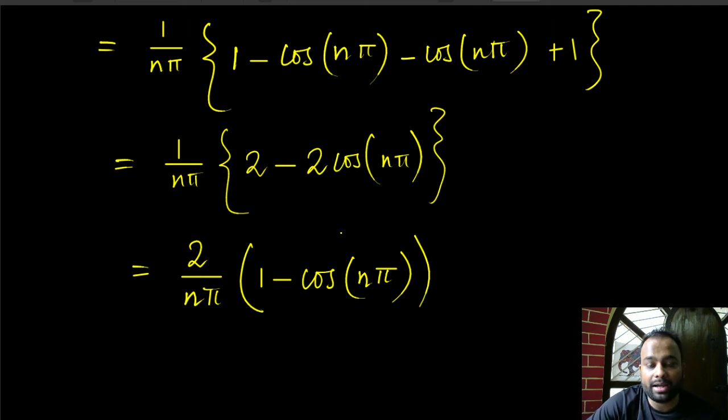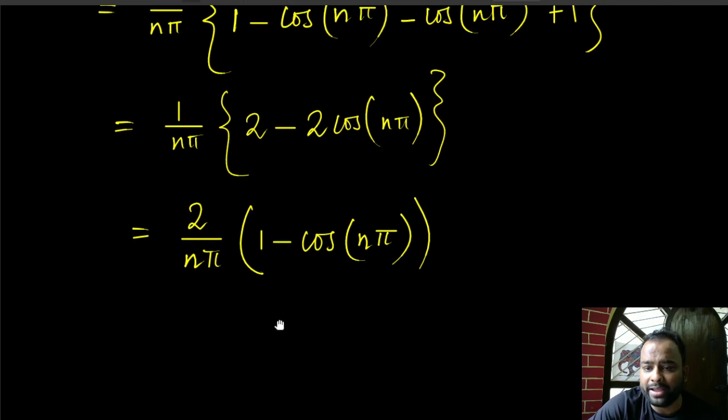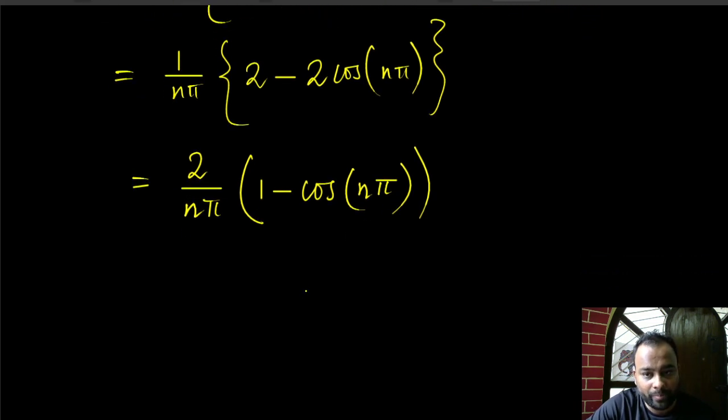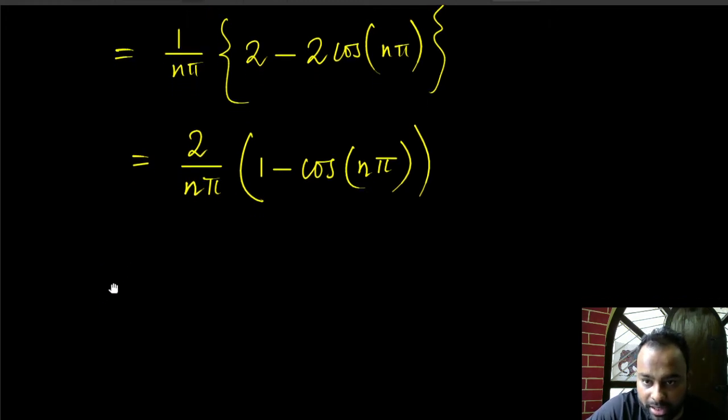Now unlike sin n pi, which is always 0 as long as n is an integer, cos n pi is not like that. So cos 0 is 1, cos pi is minus 1, cos 2 pi is 1, cos 3 pi is minus 1, and so on.